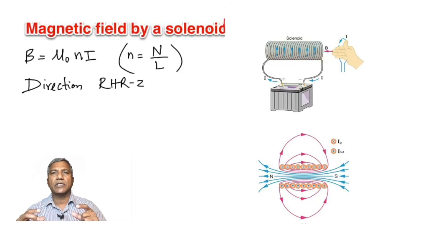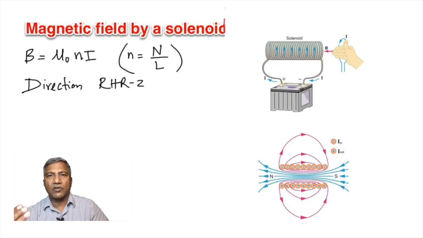A solenoid is an extended coil. It's something like if you have a PVC pipe and you have a coil wound over it with a lot of turns that's extended. That's a solenoid. And the magnetic field produced by the current flowing through the solenoid is exactly similar to the magnetic field produced by a bar magnet. You can see that here.